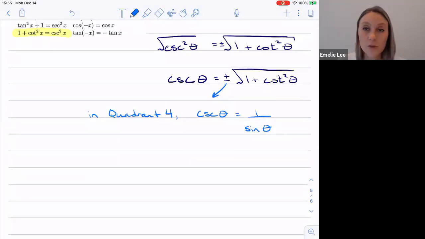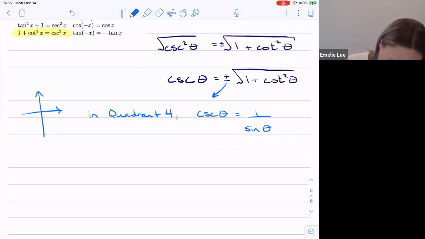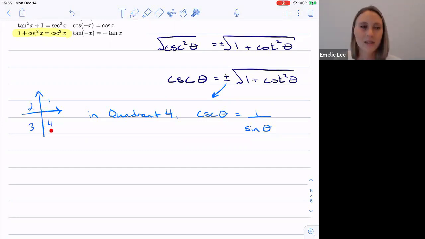Which means that in the 4th quadrant, if I'm mapping this out, here's quadrant 1, 2, 3, 4. In this quadrant, my x is positive, so my cosine is positive, and my sine is negative. My y is negative. Sine theta is less than 0.